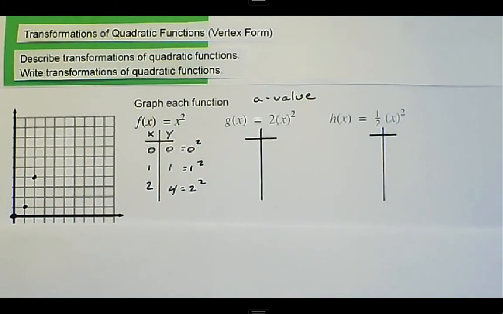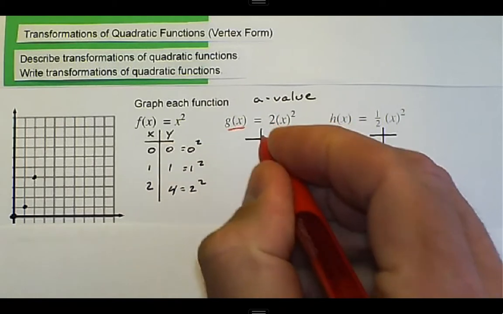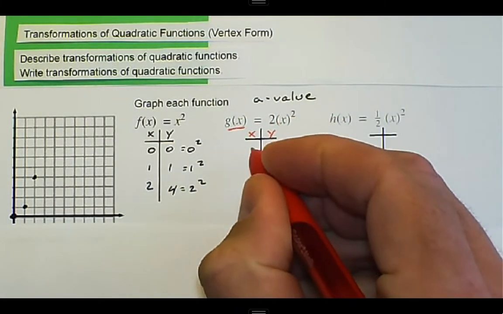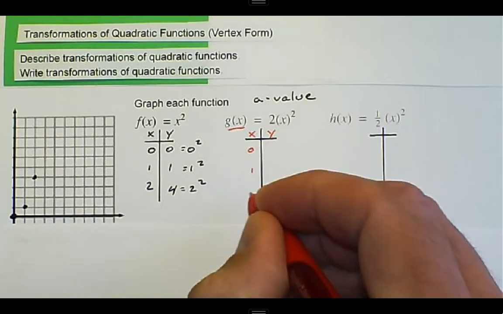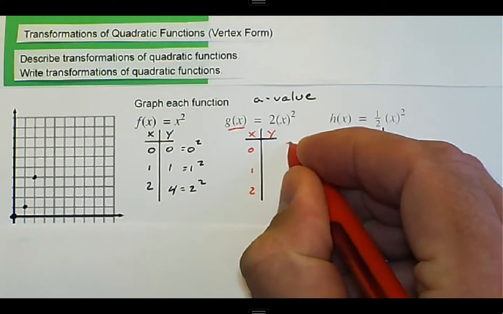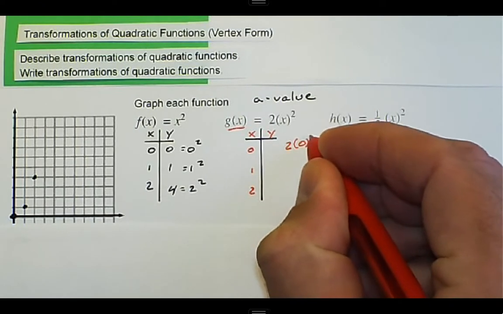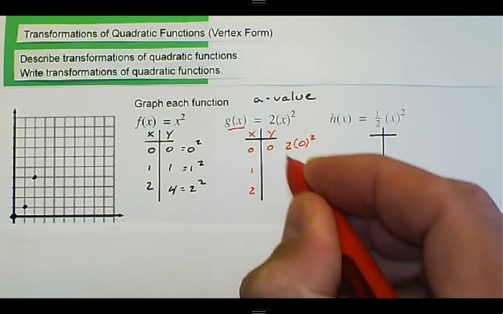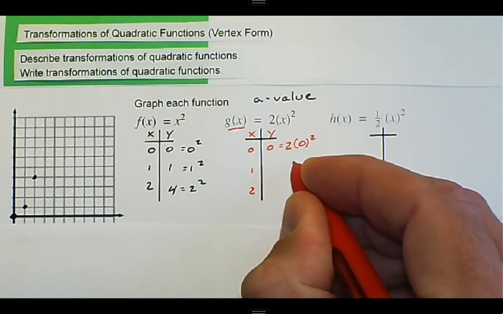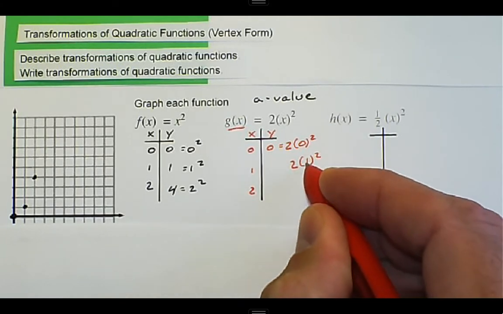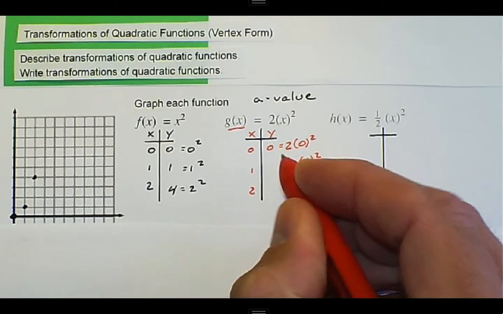Next one we're going to look at is g of x here. And this g of x we're going to use red. And we're going to use the same points, 0, 1, and 2. So we'll substitute those values in. 2 times 0 squared. 0 squared is 0 times 2, that's still 0. 2 times 1 squared. 1 squared is 1 times 2 is 2.